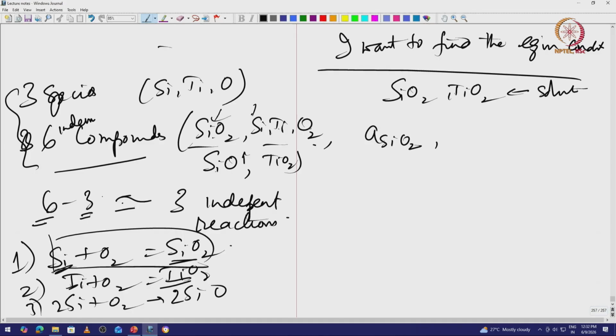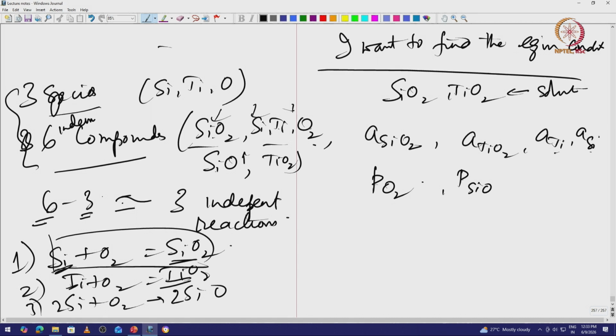So these are 6 unknowns, 3 species, so I need at least 3 independent reactions, okay. Then I have activity of titanium oxide, then activity of titanium, then activity of silicon, right. So in this titanium silicon admixture, then I have partial pressure of oxygen, and I also have partial pressure of SiO, because these two are gaseous in nature, okay.